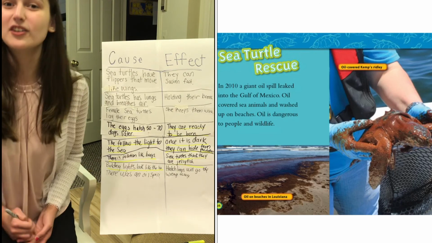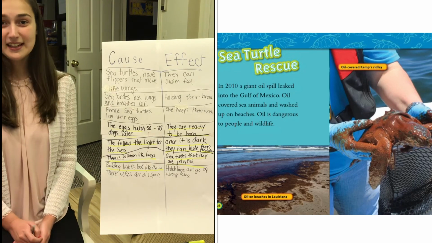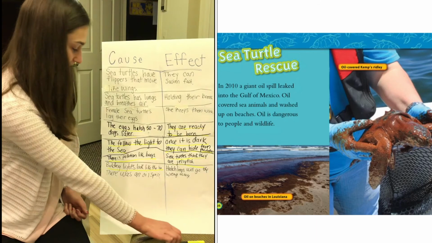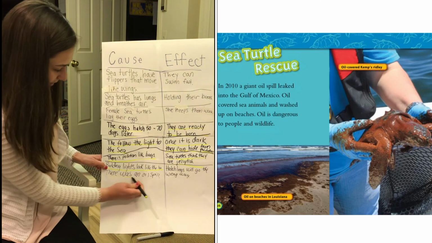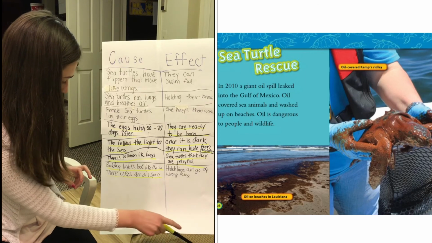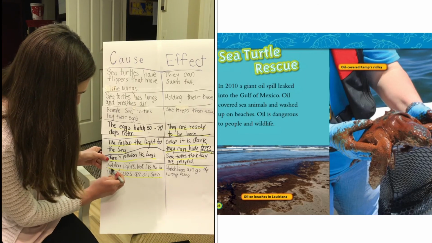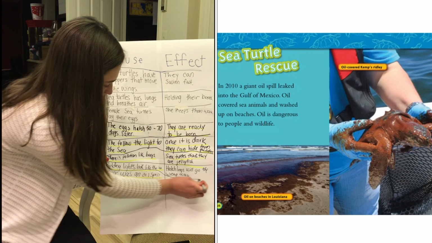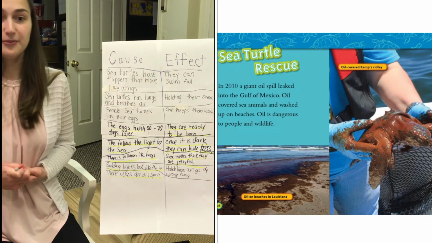That's icky oil in the ocean that hurts the plants and animals. Okay, so we can highlight, there was an oil spill. Very good. Okay, that is our cause. Now, what is going to be the result of an oil spill?